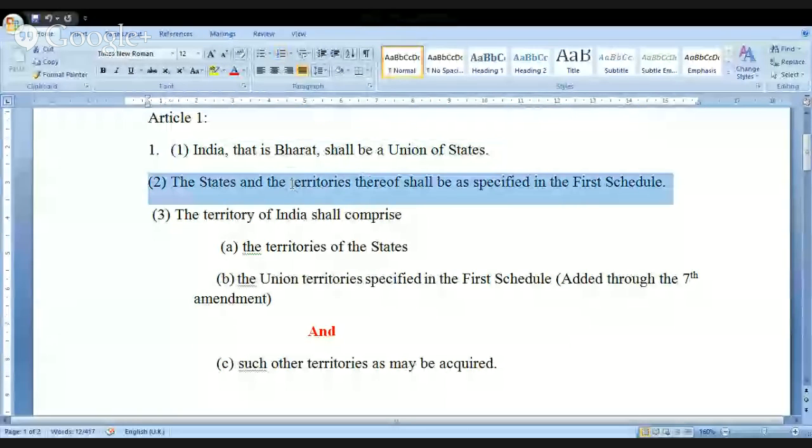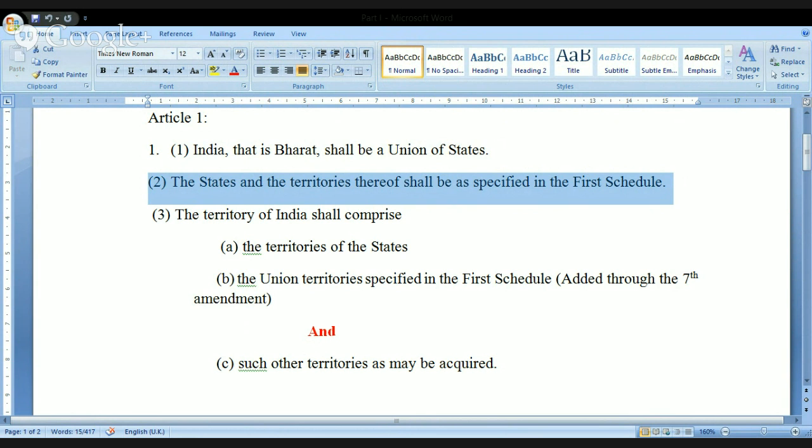Look at this. Now, the states and the territories thereof shall be as specified in the first schedule. Kindly look at this. I am talking to you about article number 1. I have just finished article 1, clause 1. I am talking to you about article 1, clause 2. And this clause 2 is saying that the states and the territories thereof shall be as specified in the first schedule.